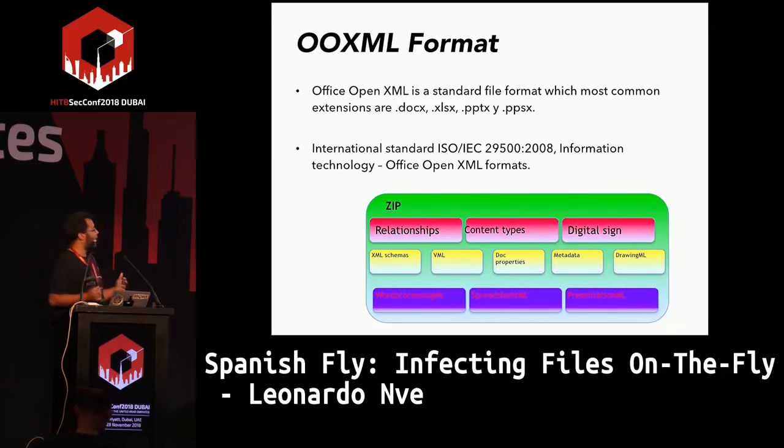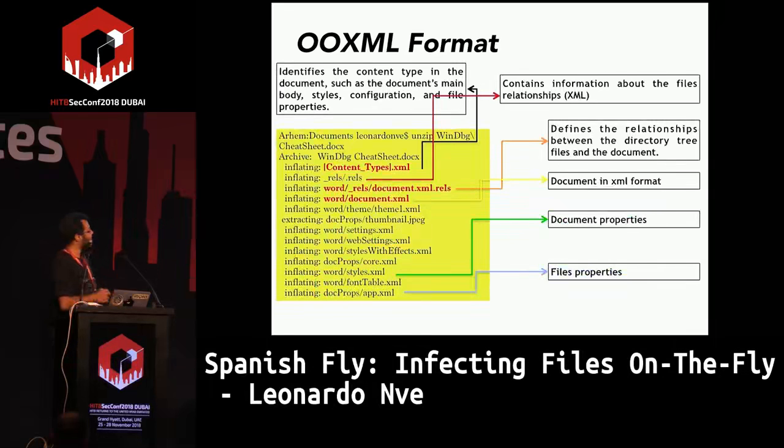So this is a standard, and it's basically a zip file. The docx files, the Office files, are zip files with some zips inside there. The zips mostly are XML files, which represent the contents and the relationships of the file.